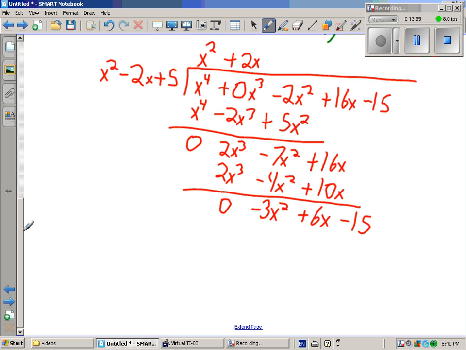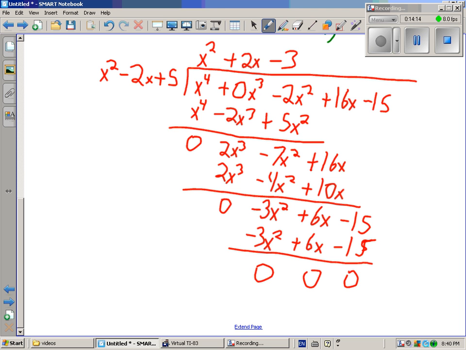Give myself a little bit more room. And then finally, our last step, x squared goes into negative 3x squared, negative 3 times. Multiply out, we get negative 3x squared plus 6x minus 15. 0, 0, 0. So what we are left with as our x minus c times x minus d is this guy.